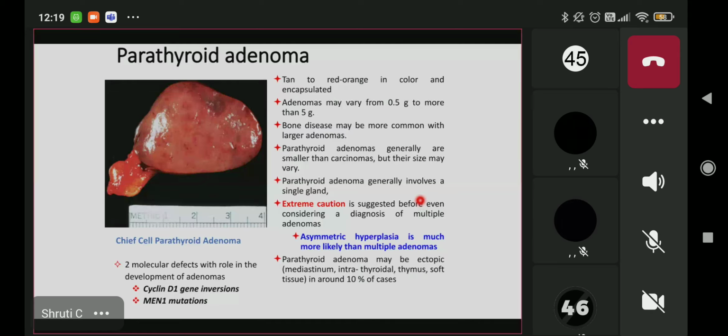Okay, so usually only a single gland is involved. And parathyroid adenomas may be ectopic also, not behind the posterior surface of the thyroid, but they can be in the mediastinum or the intrathyroidal region, thymus or soft tissue in around 10% of cases.